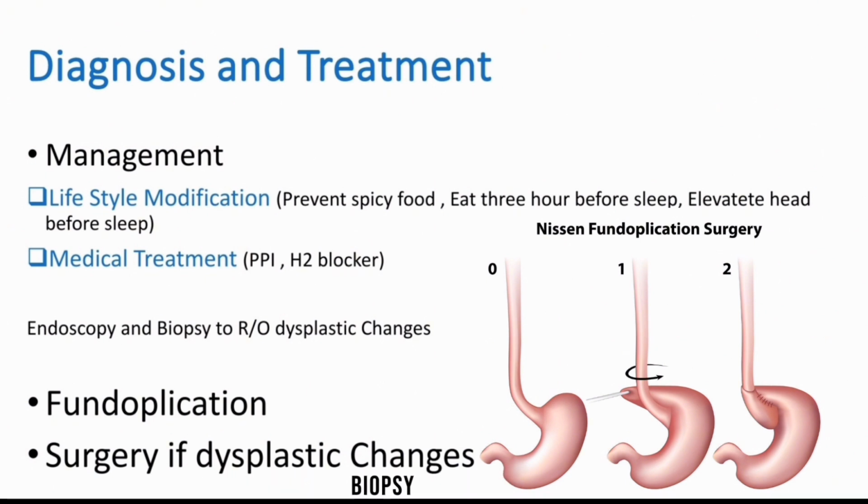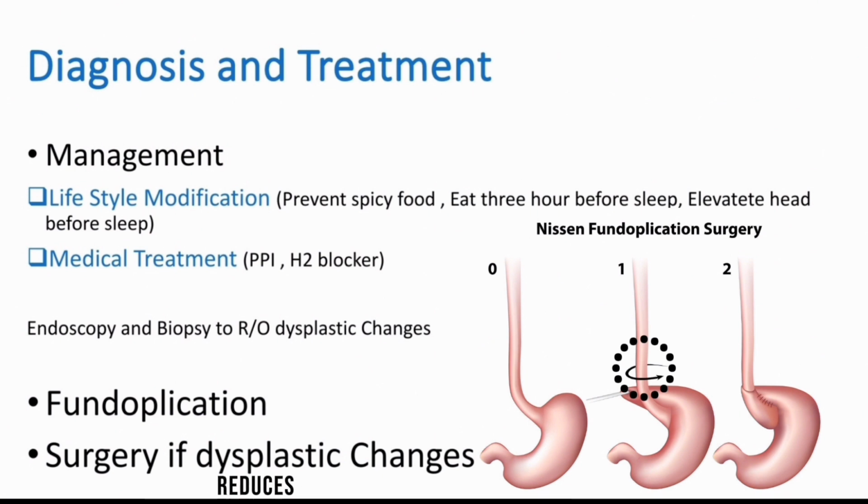Endoscopy and biopsy are important to rule out dysplastic changes. Also, fundoplication or surgery if dysplastic changes occur are taken into consideration as a treatment. Now, fundoplication is basically a surgery in which the surgeon wraps the upper stomach around the lower esophagus.